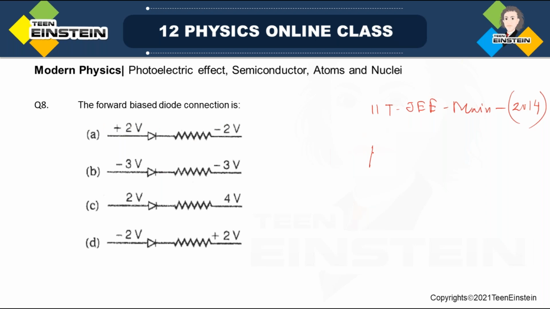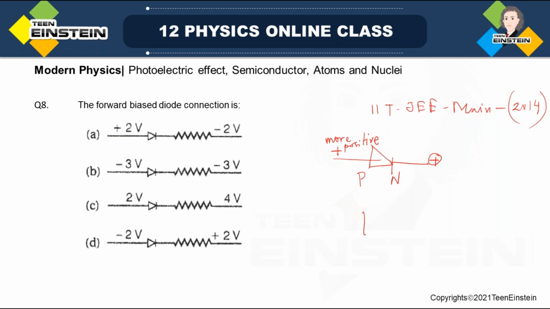See, forward bias means what? You have P and N, right? This is P and this is N. When P is effectively positive and N is negative, then it is forward bias. Another way: suppose both sides are positive, then if the P side is more positive, it is forward bias.